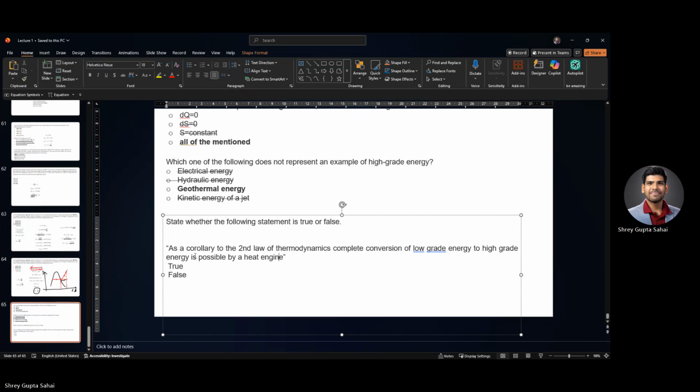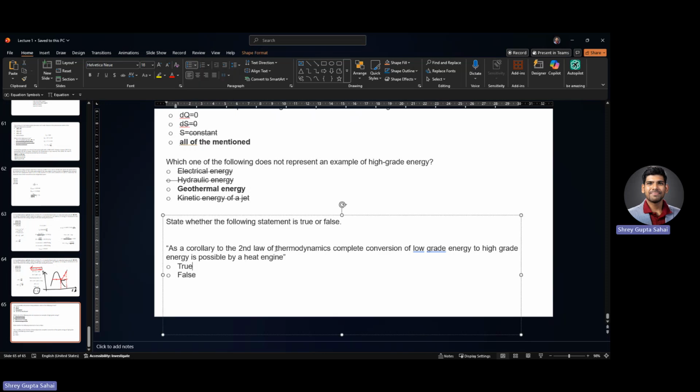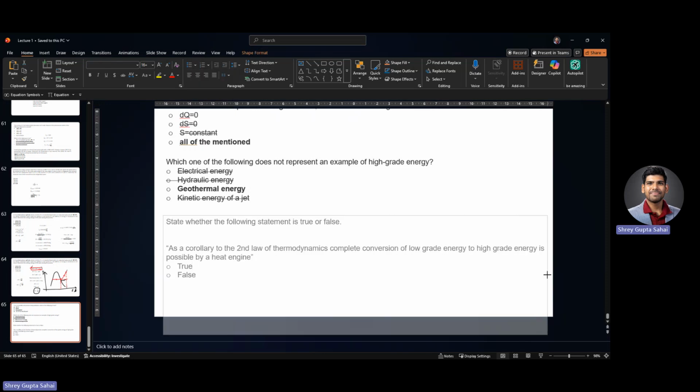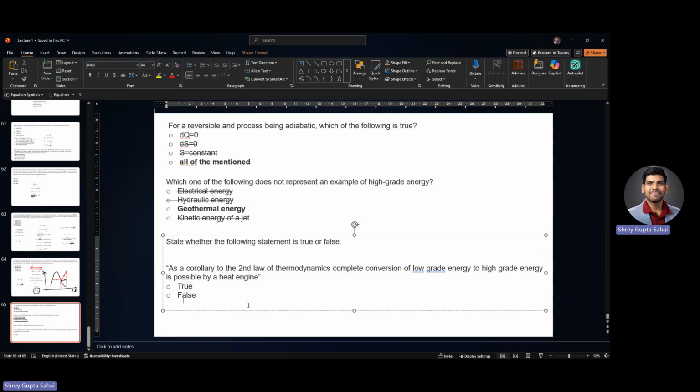Okay. As a corollary to the second law of thermodynamics, complete conversion of low grade energy to high grade energy is possible by a heat engine. That's false, right? That is utterly false. It's the opposite. You can convert high grade energy 100% to low grade, but not the other way around.